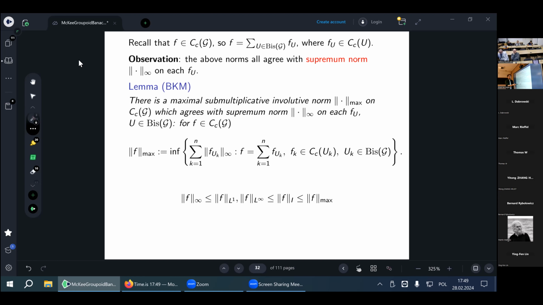Here's the formula. We look at all of the ways we can write f as a linear combination of functions living on bisections, and consider this quantity. So our norm is bigger than this I-norm from the previous slide.